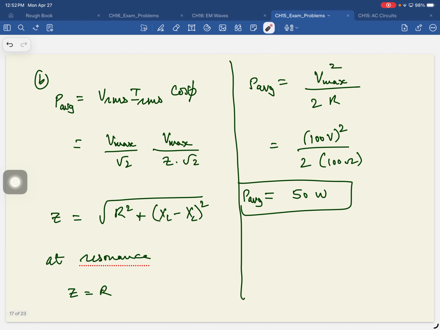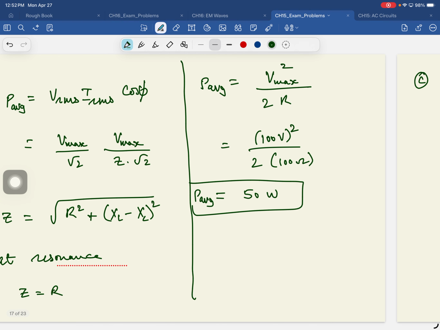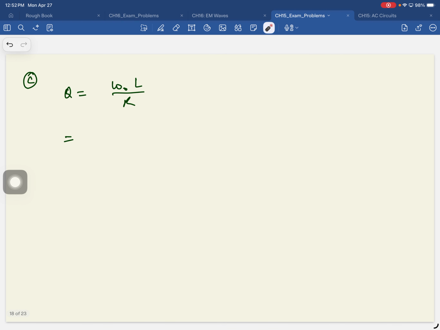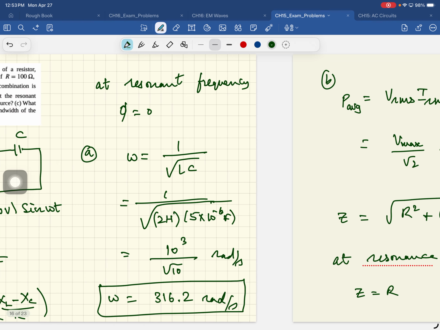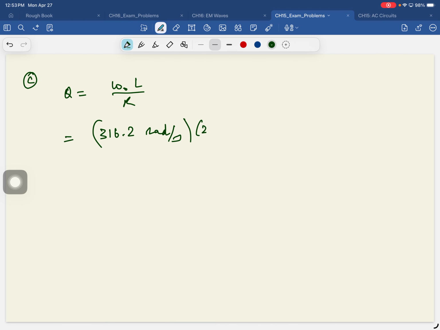So the quality factor of the circuit, and we just found omega naught. Omega naught is the resonant frequency, which is that. L, what is L for the circuit? 2 henries, and resistance is 100 ohms.